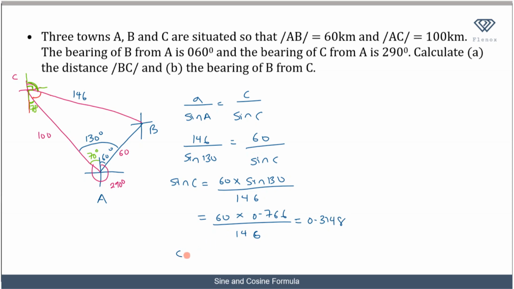So my angle C will just be equal to arc sine of 0.3148, and that is equal to 18.35 degrees.